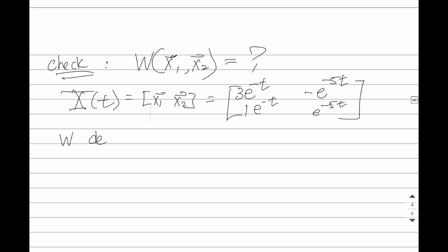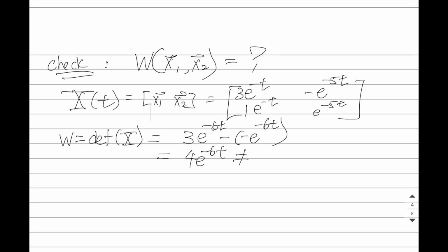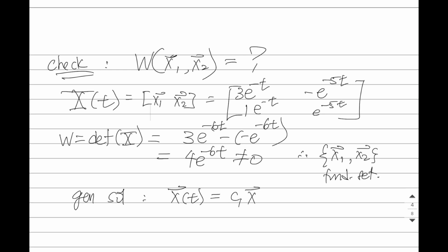The Wronskian will be the determinant of that matrix, and we'll get 3 e to the minus 6t, subtract another negative e to the minus 6t. That'll give us 4 e to the minus 6t, which is non-zero, and therefore this is, in fact, a fundamental set. The general solution is then just a linear combination of those two fundamental solution vectors.